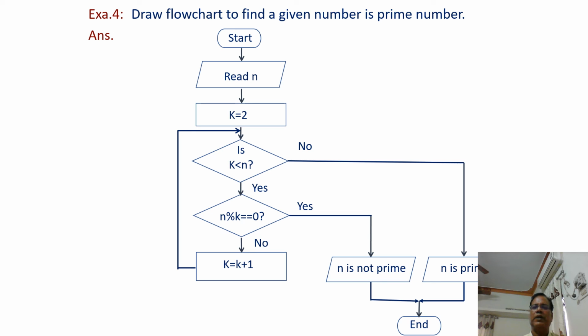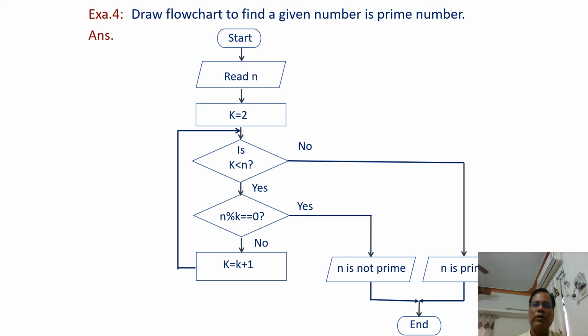Again we test the condition: if 3 is less than the entered number. If yes, again we test the condition: if the number is divisible by 3, by comparing whether the remainder equals 0. If no, then again we increment the value of k and this time it becomes 4.